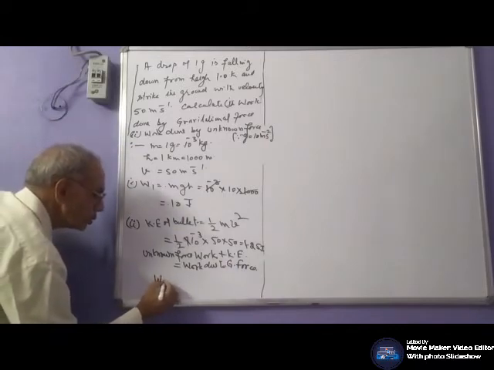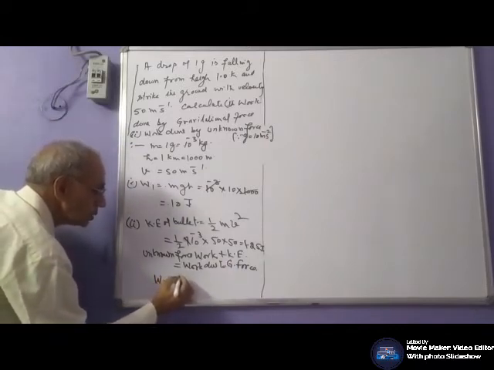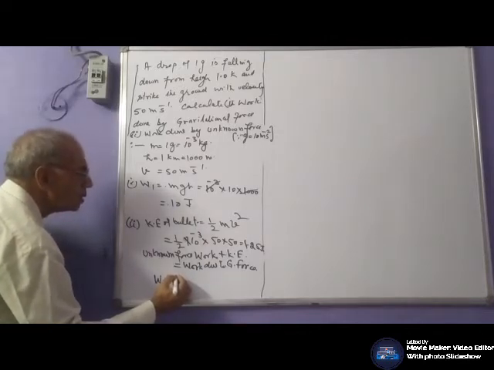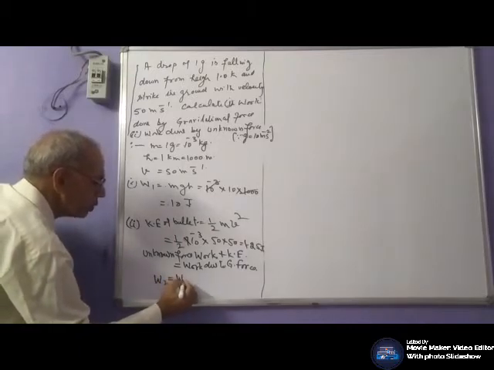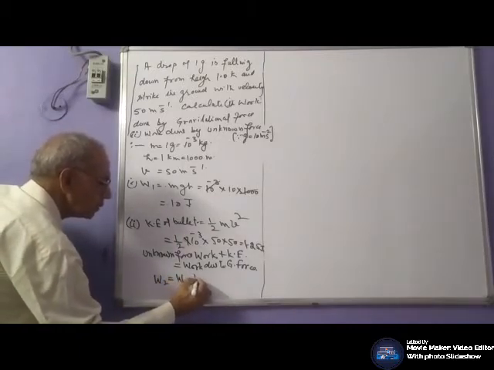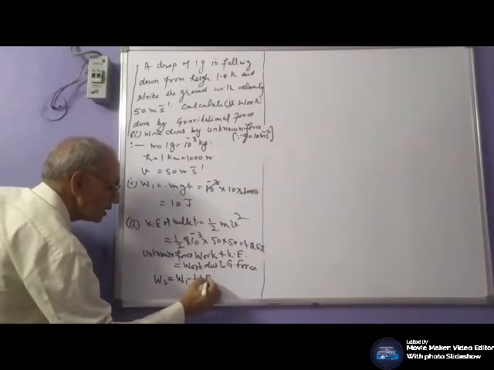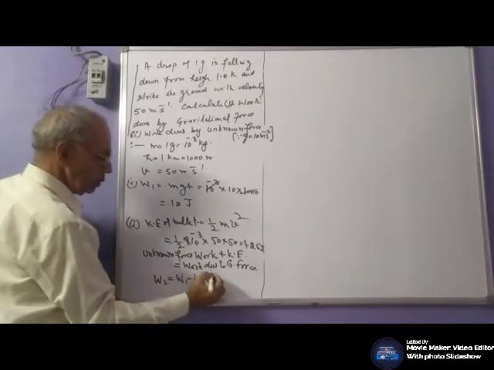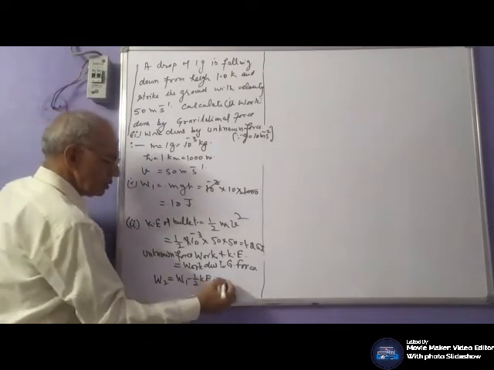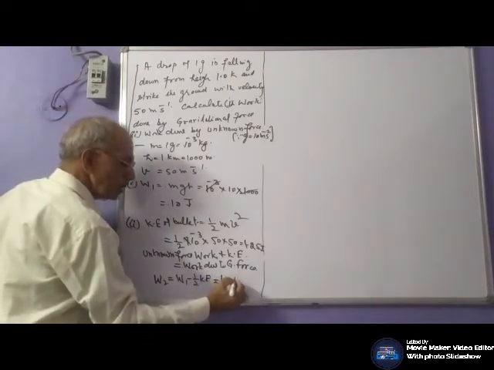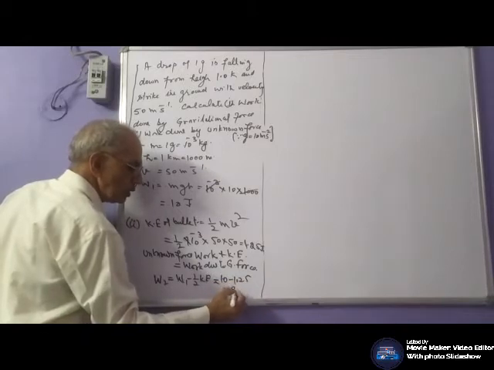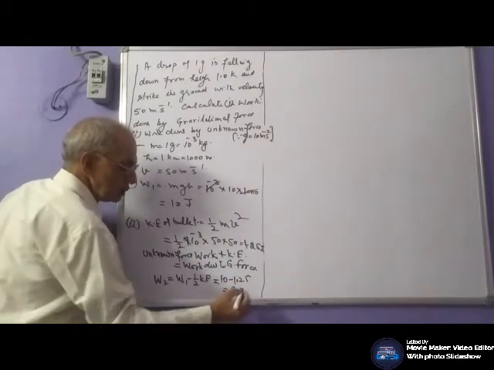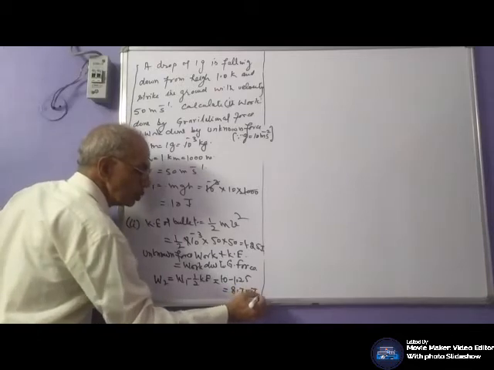That is, W2 is work done by gravitational force W1 minus kinetic energy. W1 is 10 minus 1.25. It comes out to be 8.75 joules.